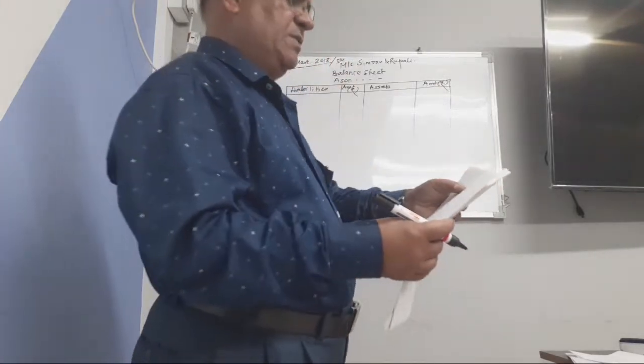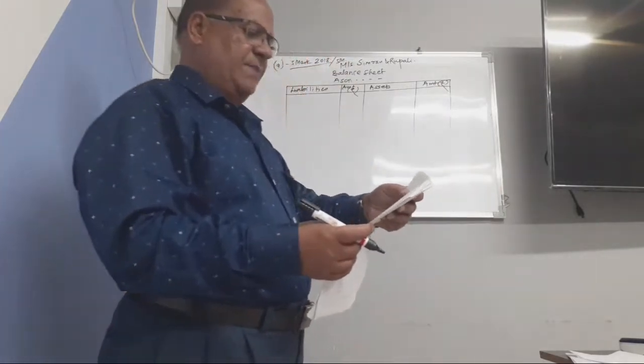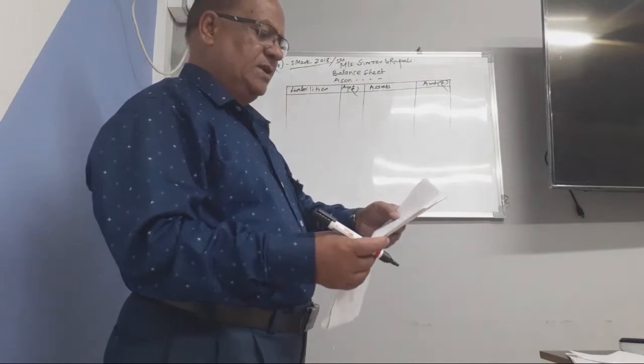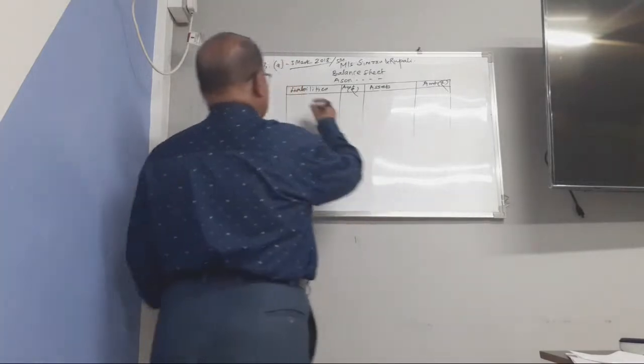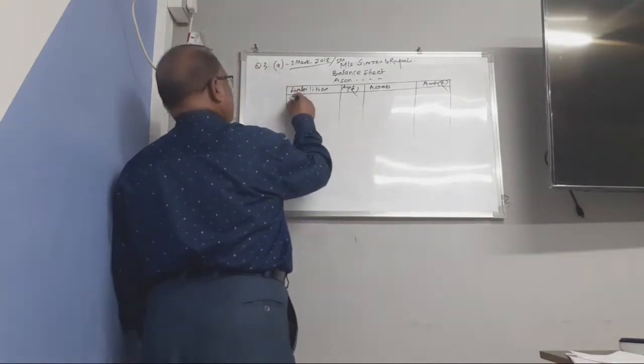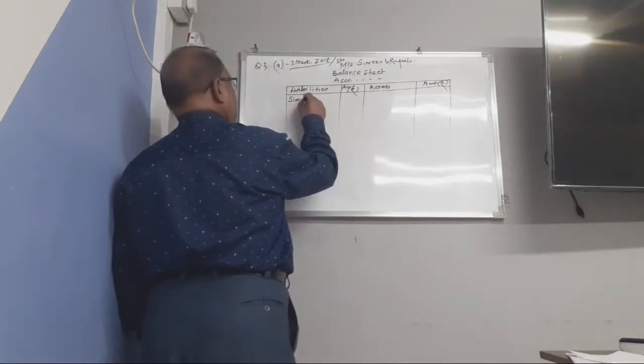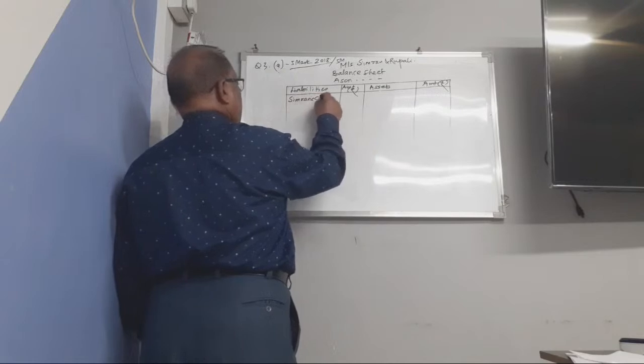For the preparation, they have given Simran's capital and Rupali's capital, and the profit sharing ratio and profit are given to us. Just see here, first you write Simran's capital account.